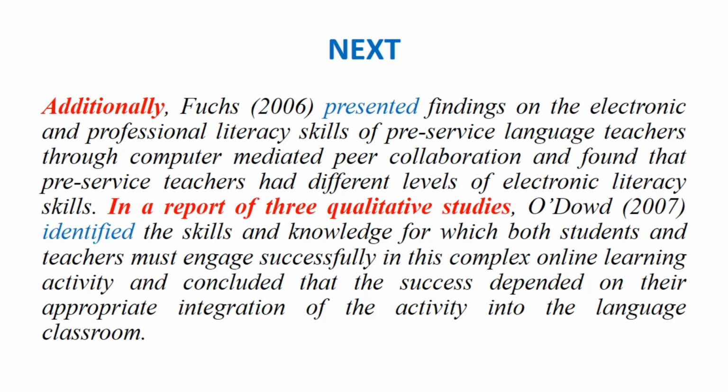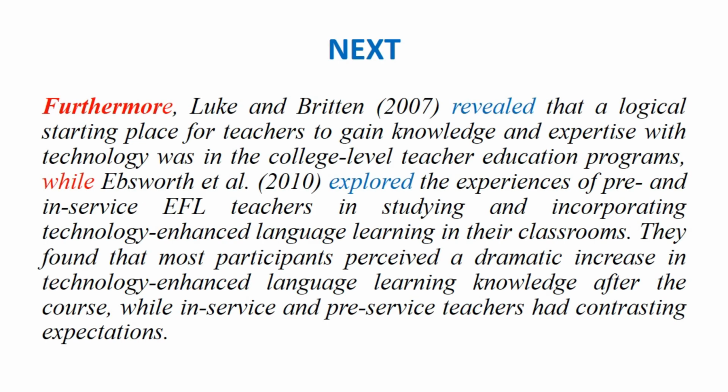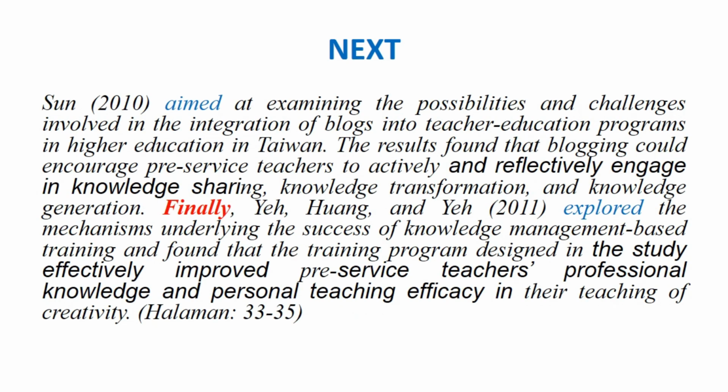The next one is from 2006 and 2000, and then 2007 and 2000, and then 2010, and finally 2011. So this literature review is organized based on the date of publication of the references. This is just one example. We can also organize the literature review based on the topics, or based on the research method.